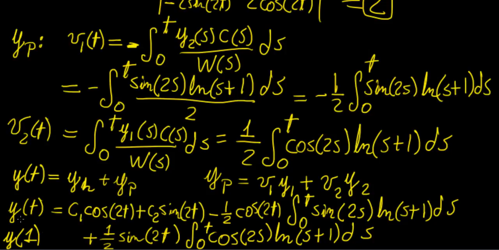And to find the solution over a whole range of t, for each value of t you evaluate these integrals. So you will find that this is actually still a closed form solution. It is implicit because we have these integral terms here, but it is still much more useful than trying to solve the differential equation numerically from scratch.